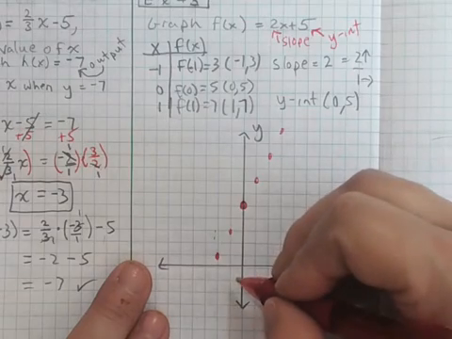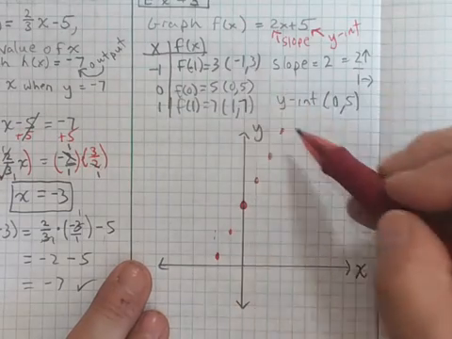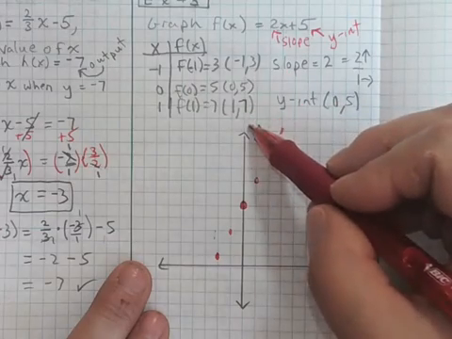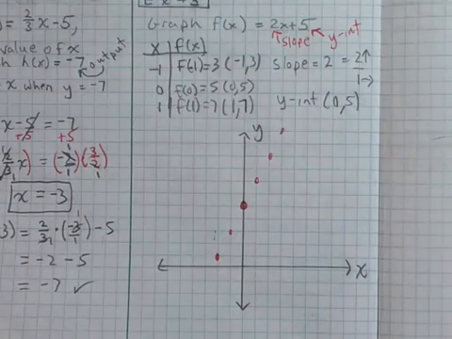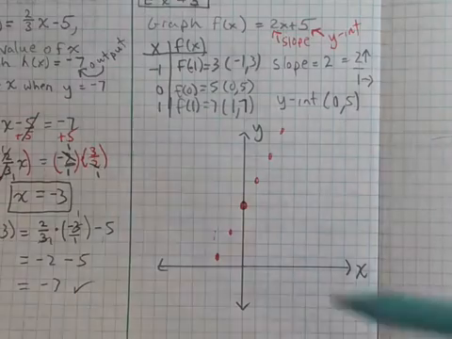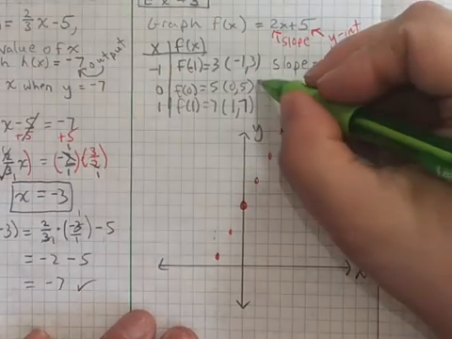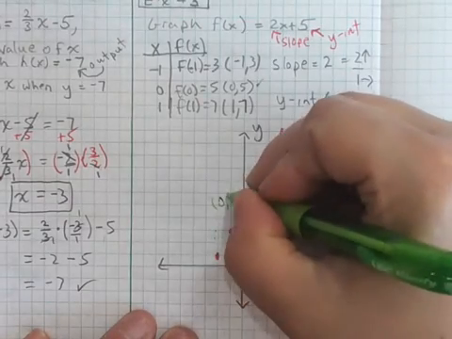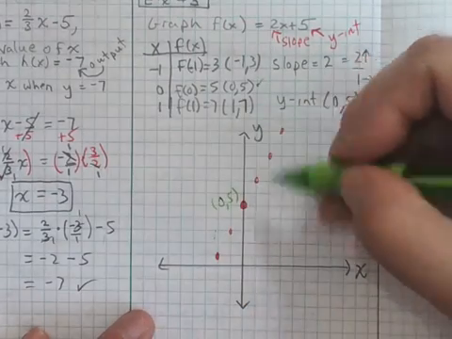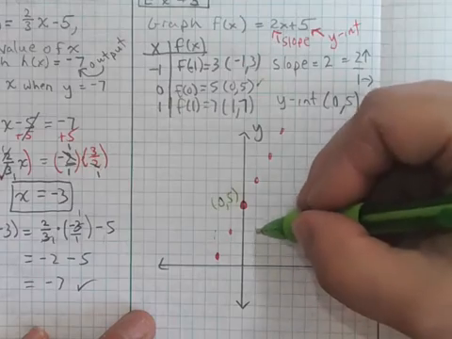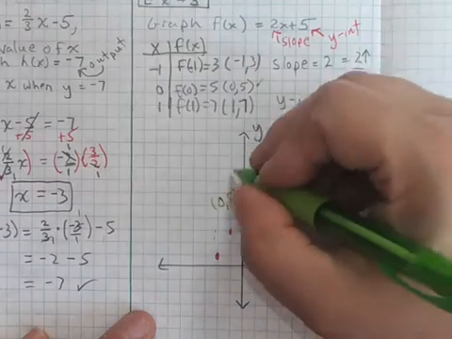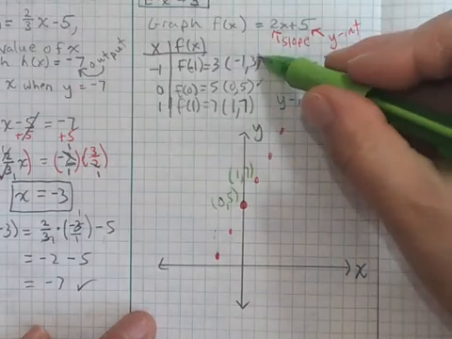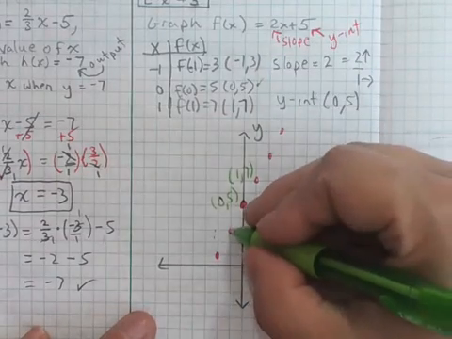I do want to point out that as I did that, we actually plotted all 3 of these points. Of course, we started with 0, comma 5 right there. Well, that's right here. 0, comma 5. 1, comma 7. 1, 2, 3, 4, 5, 6, 7 is right here. And then we also have -1, 3. -1, 3 is right here.